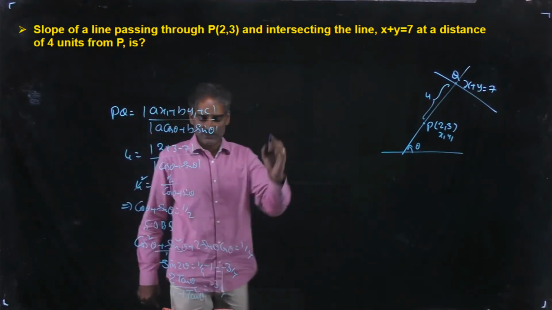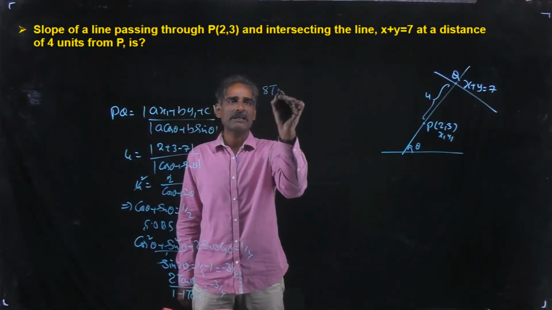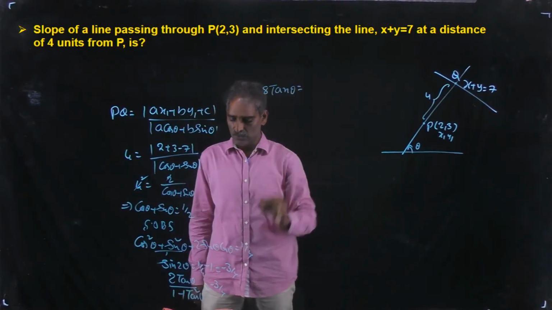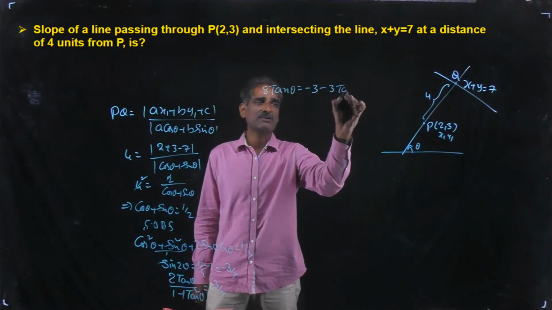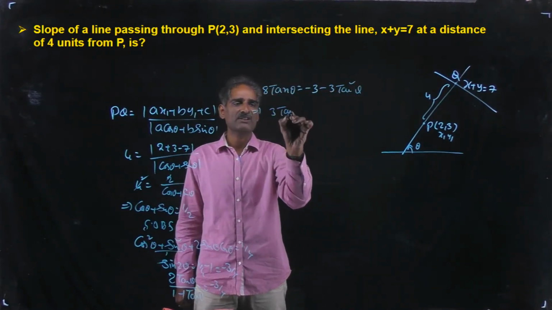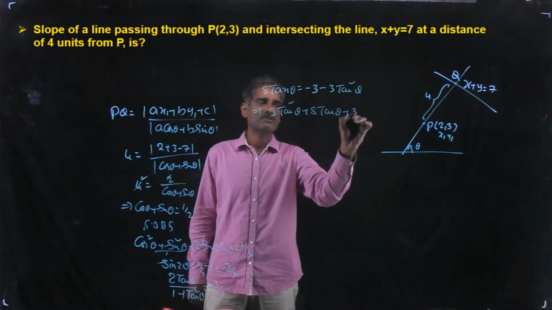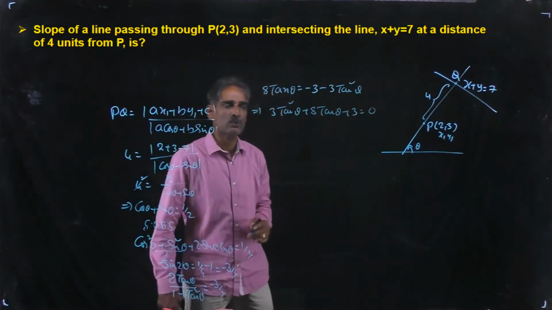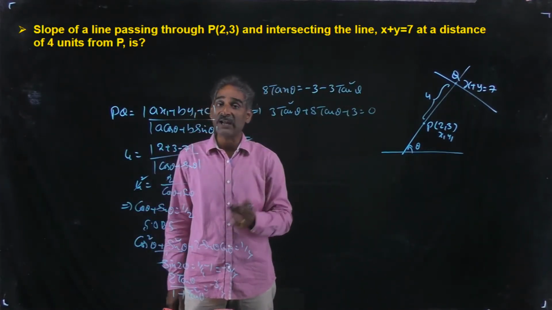Now from this you can write 8 tan theta equals minus 3 tan square theta. This implies 3 tan square theta plus 8 tan theta plus 3 equals 0. So here find the values of tan theta.